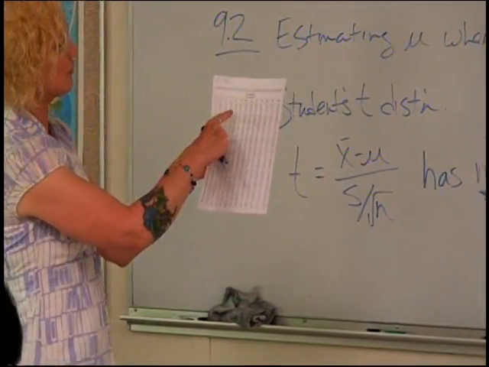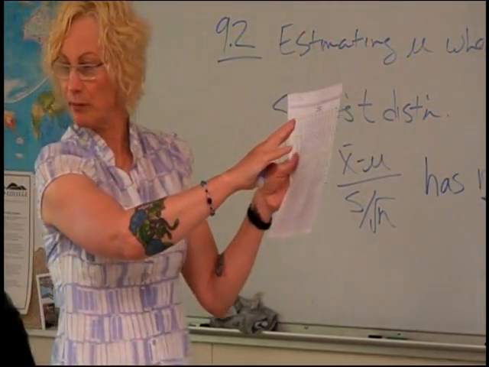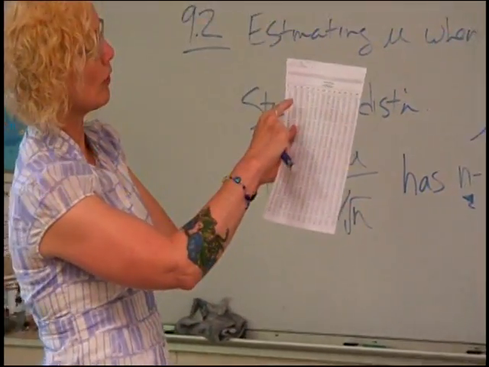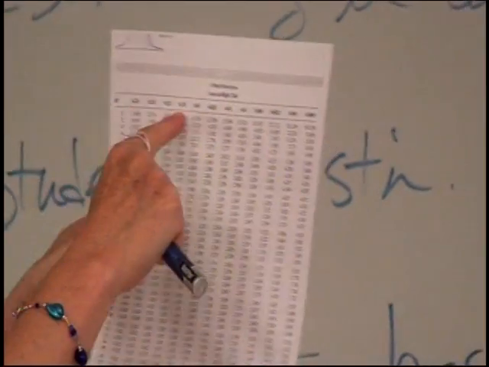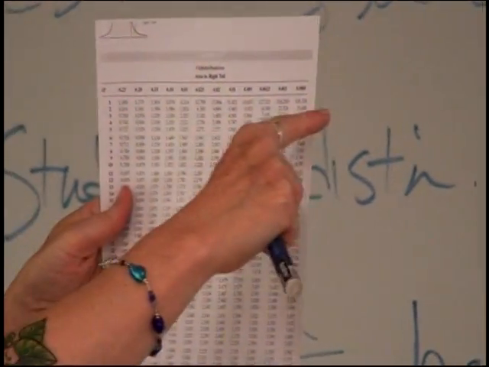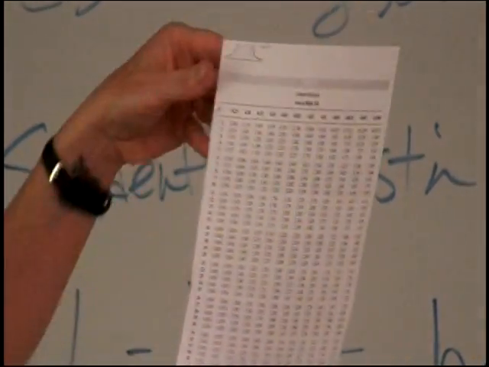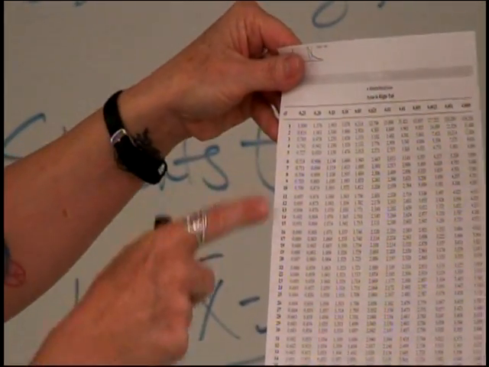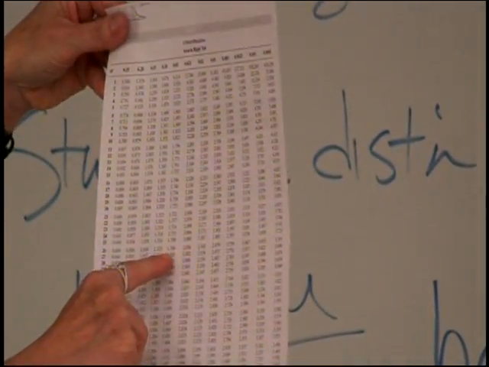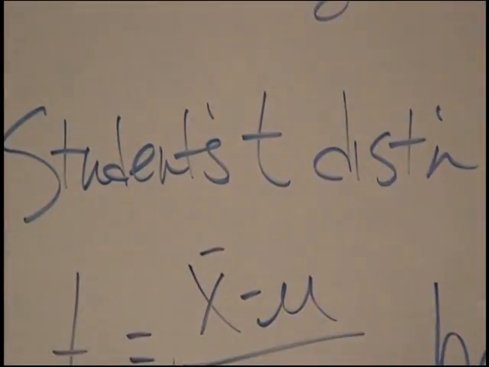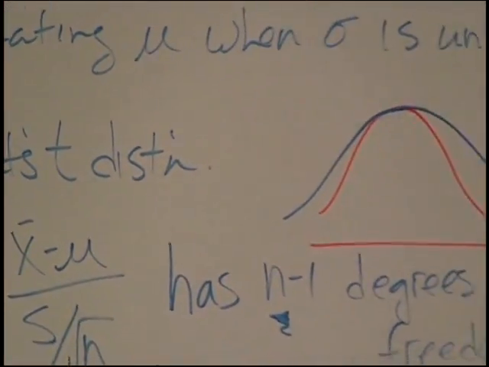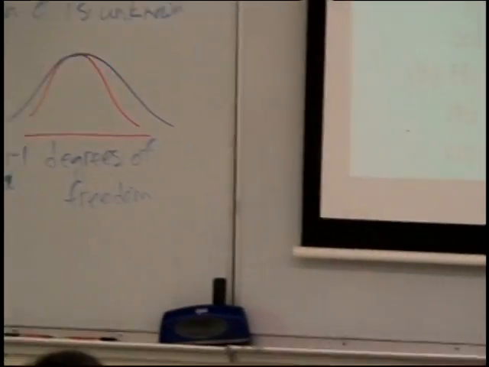So you all have a t table, yeah? It works such that you look up the amount of probability in the tail, and then you go down the left-hand column to your degrees of freedom and find the corresponding value. It's really, really easy, not nearly as complicated as Z.